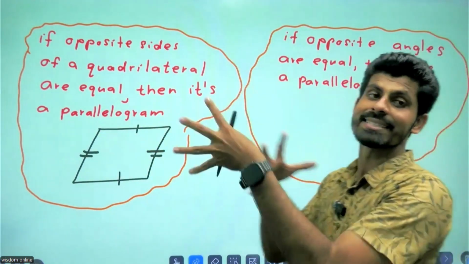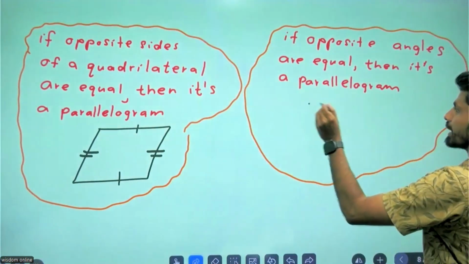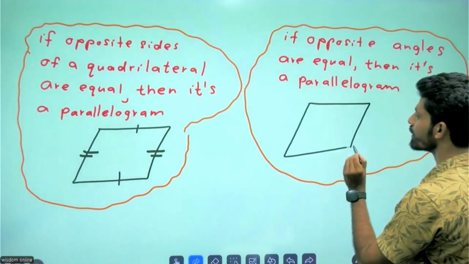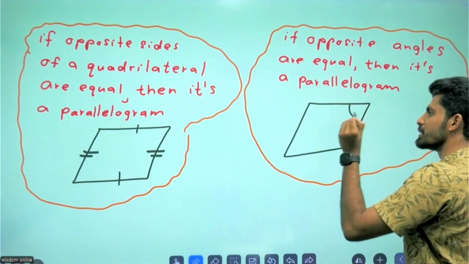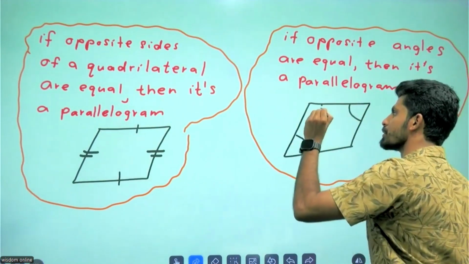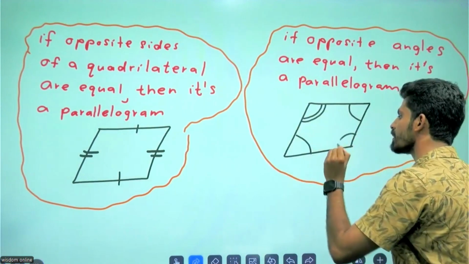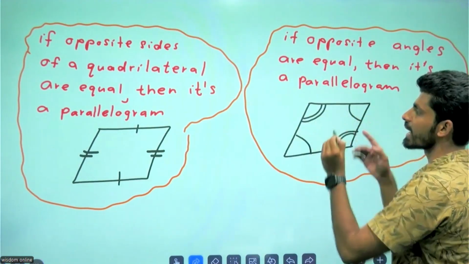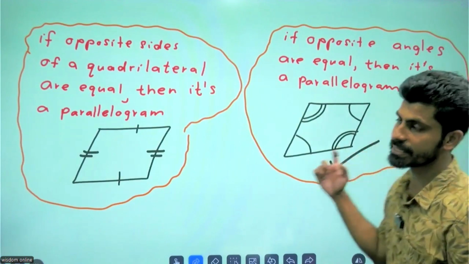If opposite angles are equal, look at this one, opposite angles mean this one equals this one, so these two angles are equal, then this is a parallelogram.